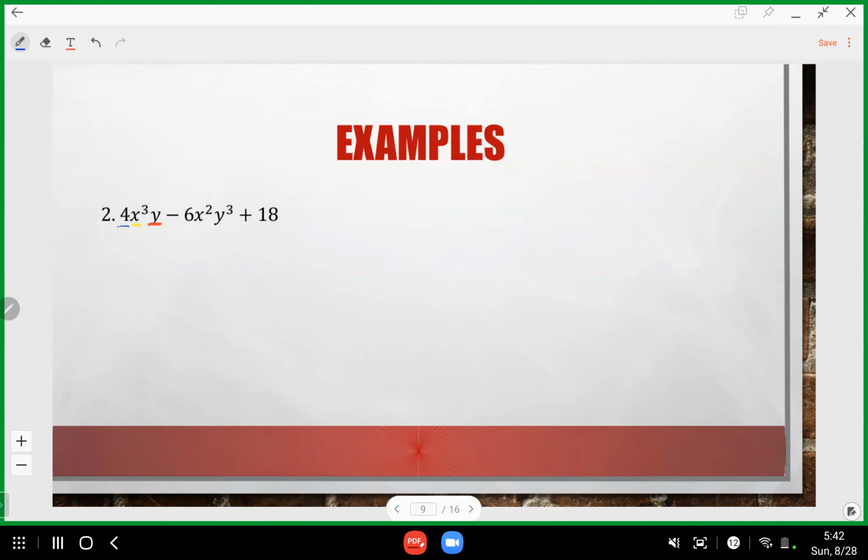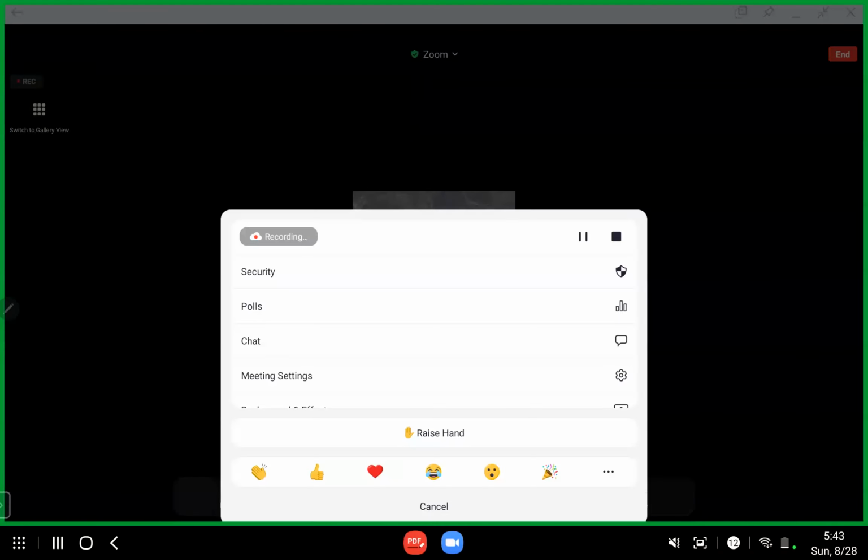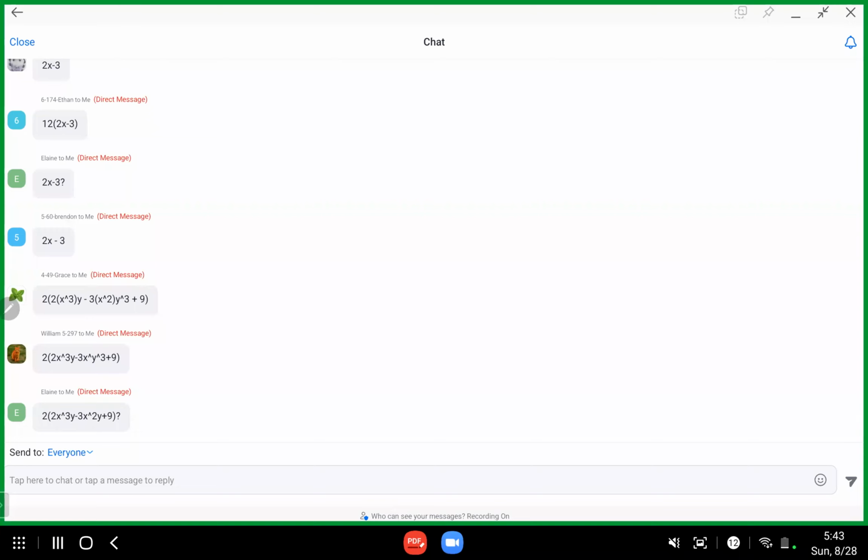All right, 4, 6, and 18. What is the greatest common factor of 4, 6, and 18? Does anybody know the greatest common factor of 4, 6, and 18?